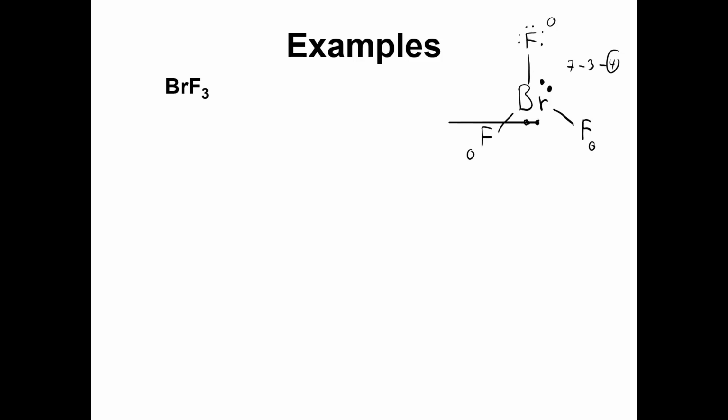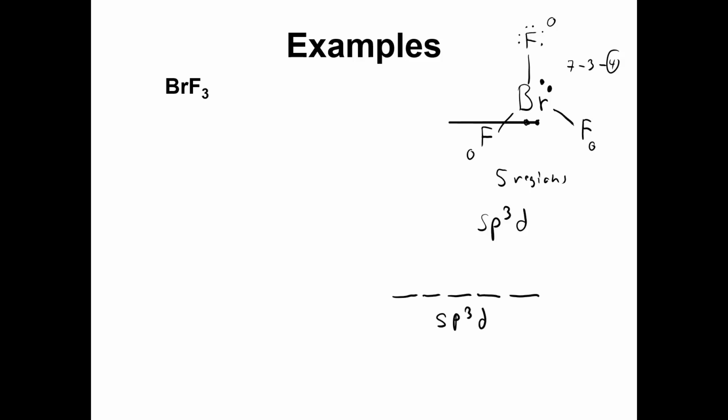So now you look what's around it. We have 1, 2, 3, 4, 5 regions. That means this is sp3, that's 4, right? d hybridization, right? So we have 1, 2, 3, 4, 5 regions. sp3d.